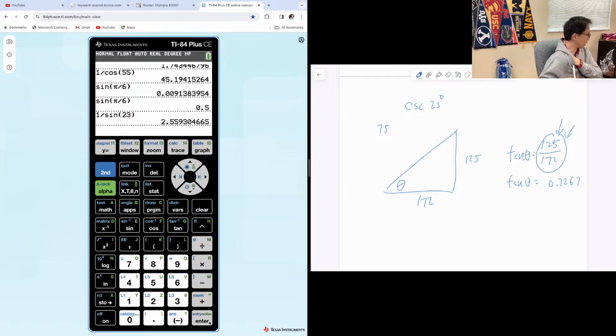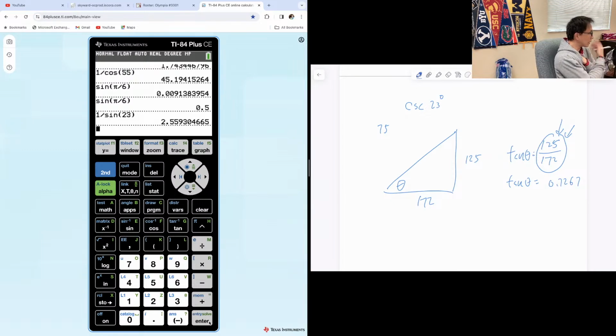Is that okay? Now how do you get theta? It's in yesterday's notes. How do you get theta? Katie, how do I get theta? Good.